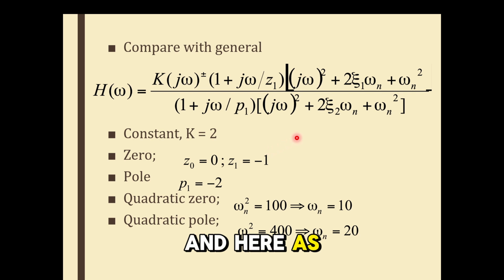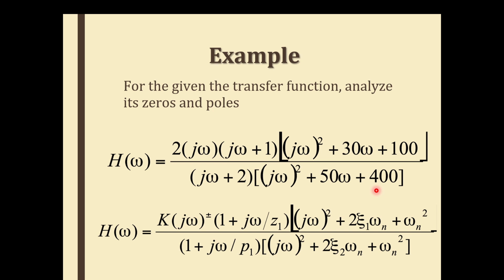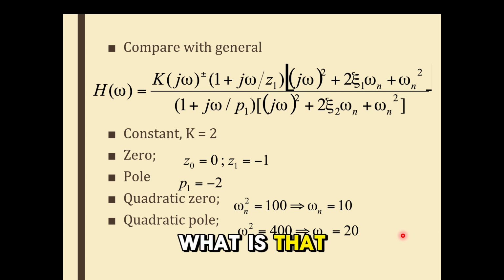and here as well we have, from the quadratic pole and quadratic 0 here, the wn square. At this part we have wn square. What is that?